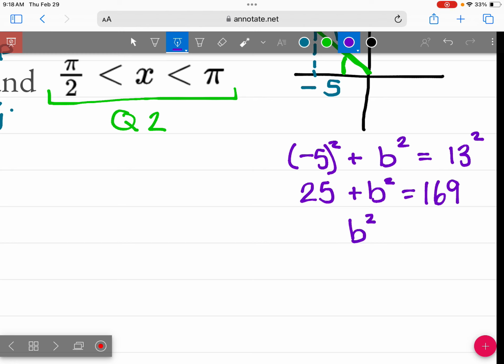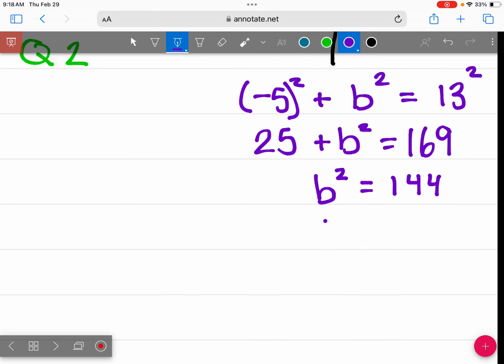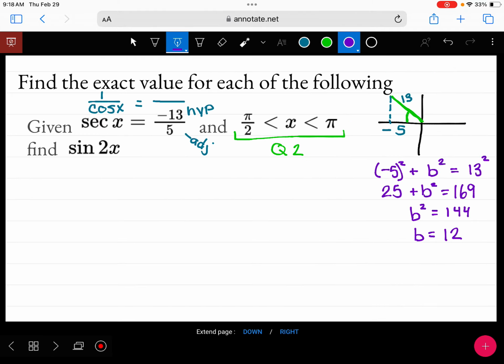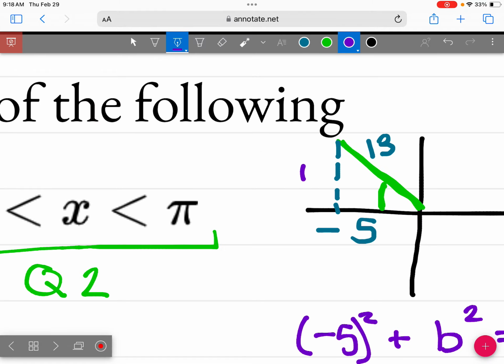So b squared equals what? 144. That looks like a number. So what is b going to be? 12. So this missing side is 12.